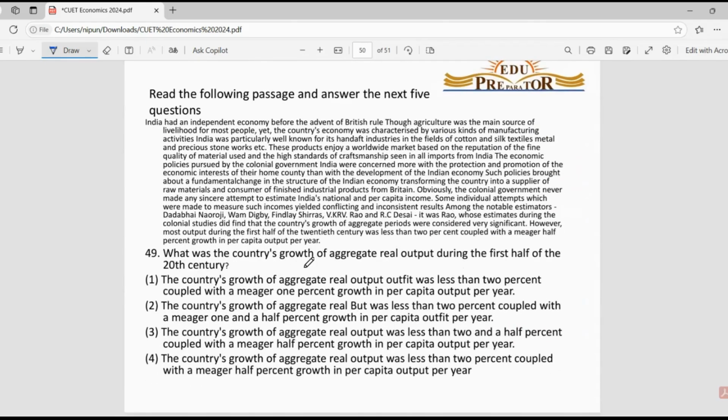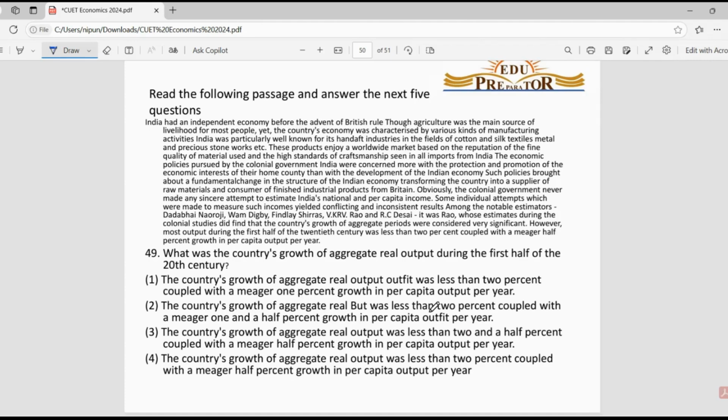49th question. What was the country's growth of agricultural real output during the first half of 20th century? Last sentence देखिए. Most output during the first half of 20th century was less than 2% coupled with a 0.5% growth in per capita income. So, less than 2% coupled with 0.5%.